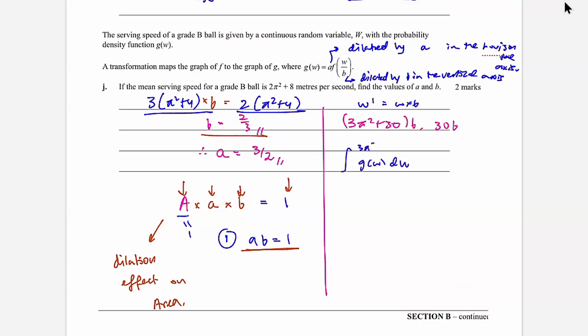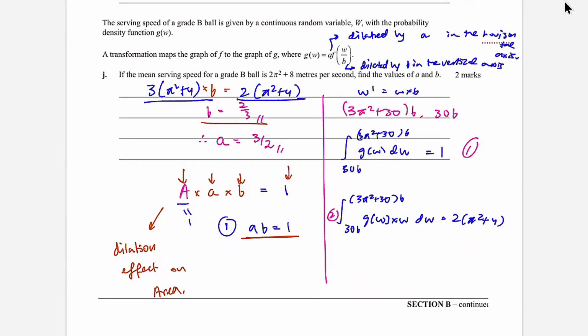So if we integrate G of W from these bounds and equate it to 1, that's total probability. And then if you do the same thing, if you solve this is equation 1, and this is equation 2, it should give you a value for A and B as well. But it's just a lot longer and messier.